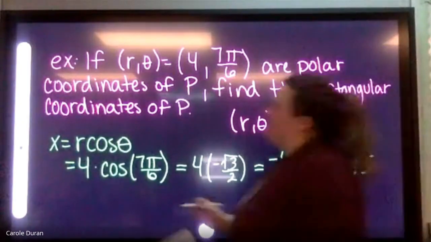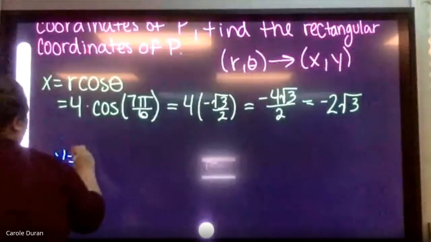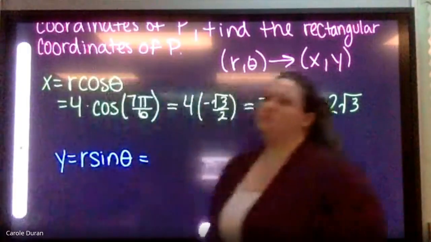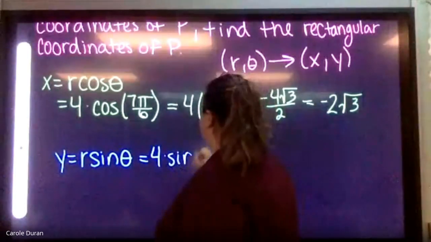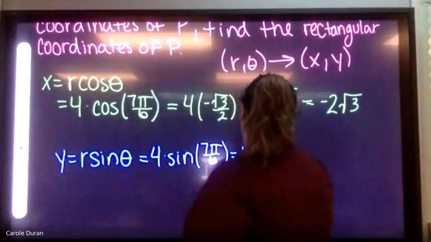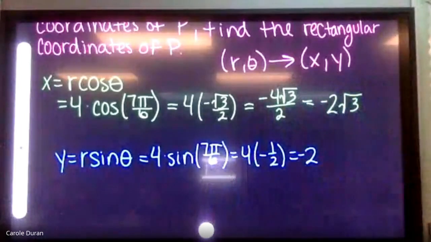Find the y. Anybody else get negative 2 as my y coordinate?